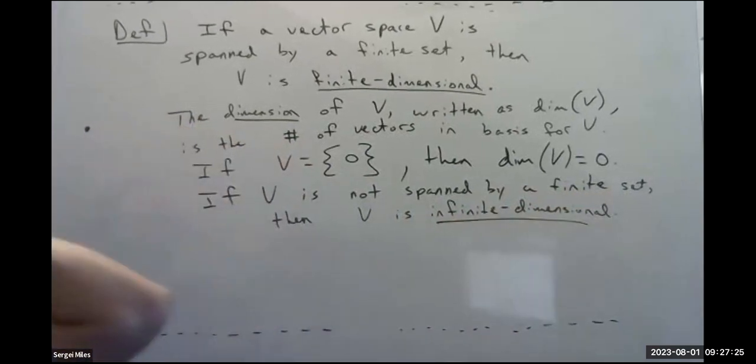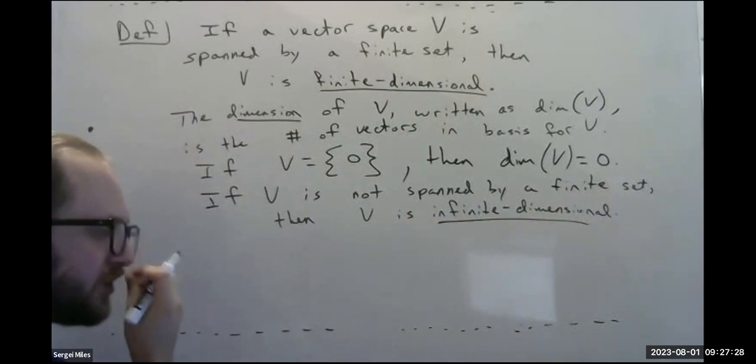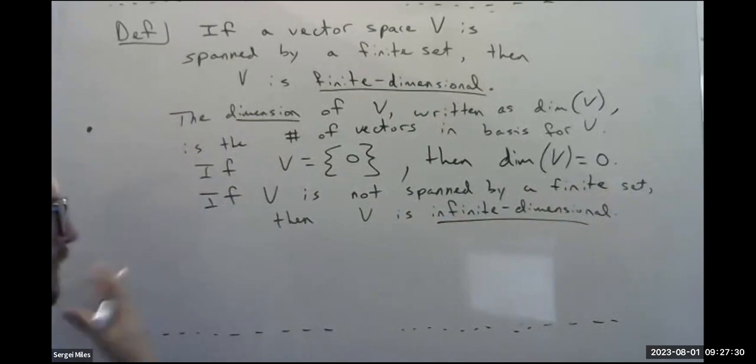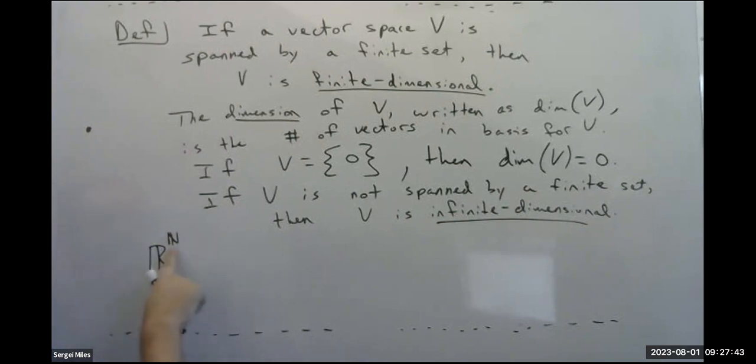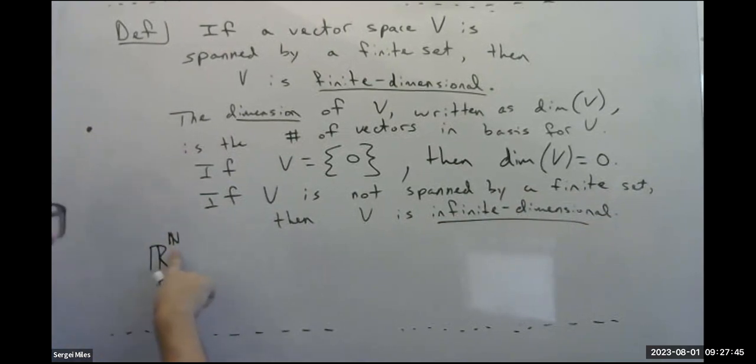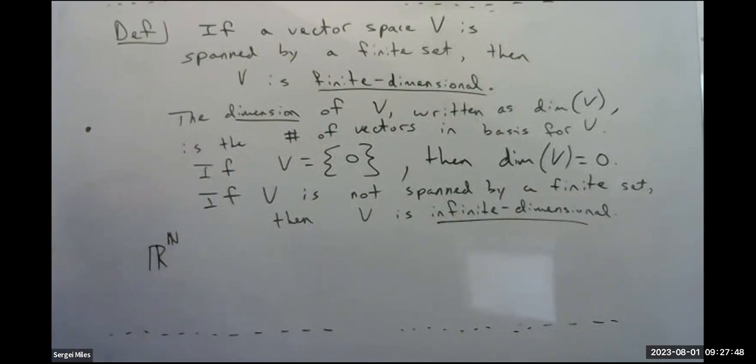And again, for the sake of this class, we're not really going to go into this in too much detail. But if you really want an example, just to get an idea of what to think of as an infinite dimensional vector space, you can imagine something like R raised to the naturals. Instead of raised to like 1 or 2 or 3 or 4, what if it's raised to the naturals? Well, the natural numbers, they are countably infinite. This has countably infinite many different axes.